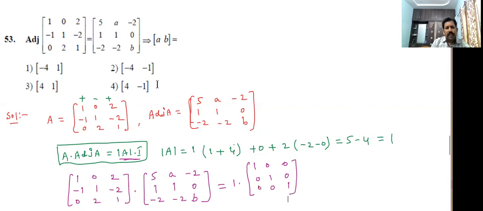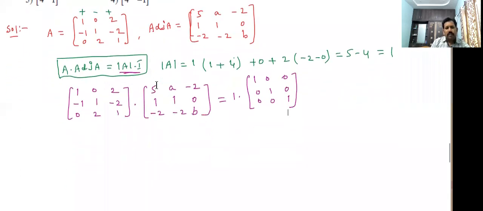Now on the left hand side, multiply the two matrices, then compare the corresponding elements, and you will get the A, B values.